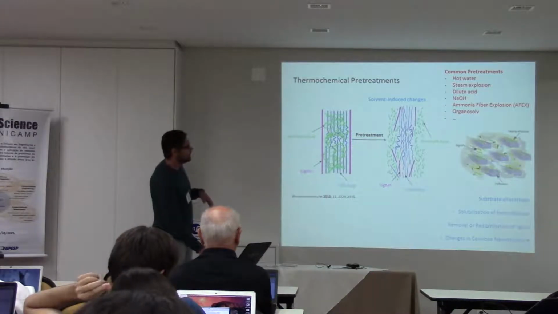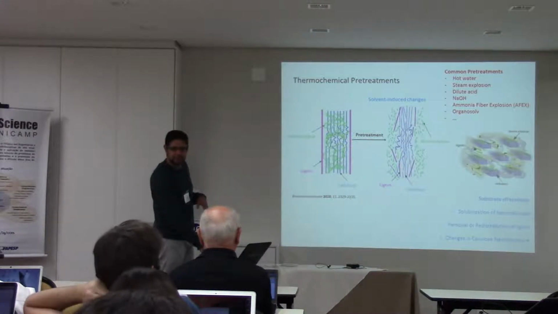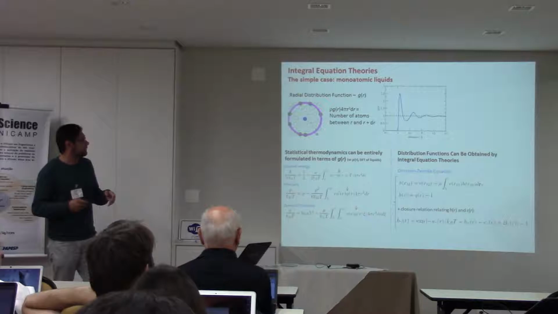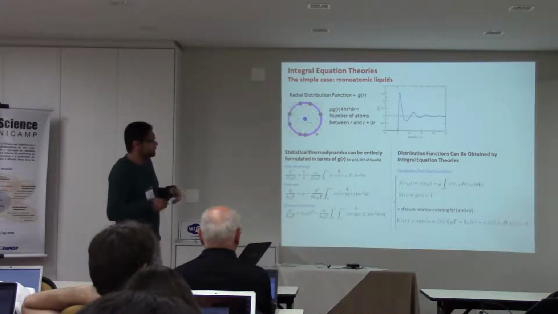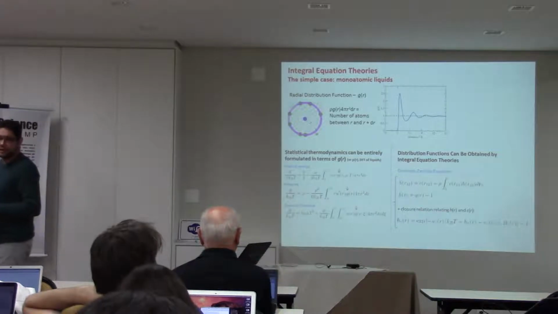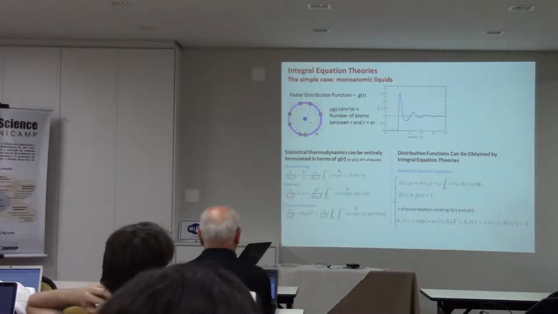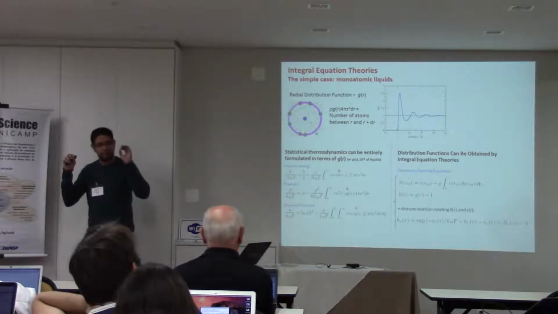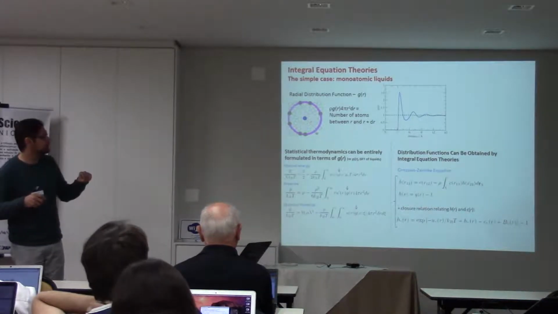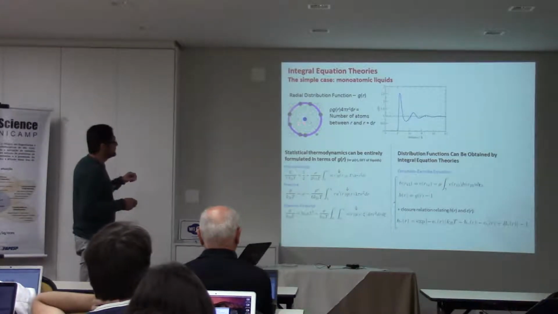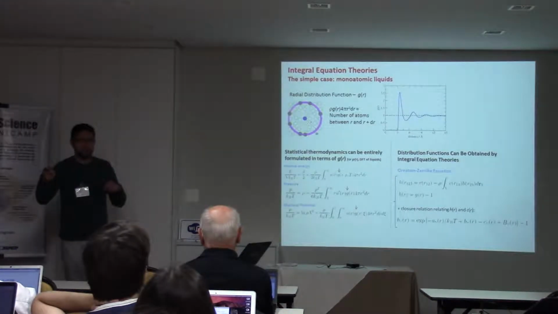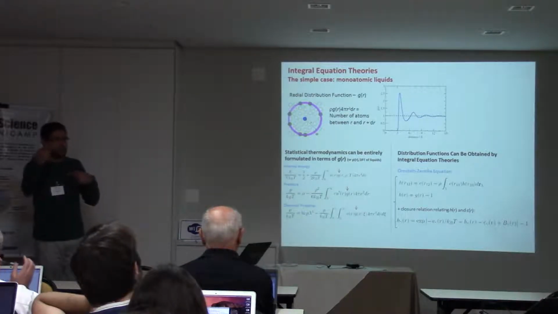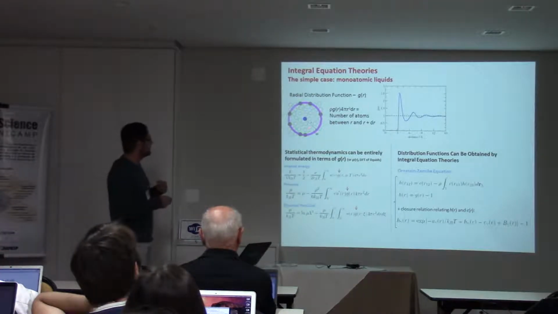I'm going to present just the idea of this methodology so you can have a feeling of how it works. It's based on the radial distribution function formulas of statistical mechanics. The radial distribution function is just this: if you have a monatomic fluid and you pick one of these atoms, this blue one, and then you look around at a given distance and count how many atoms there are at that distance from this atom.